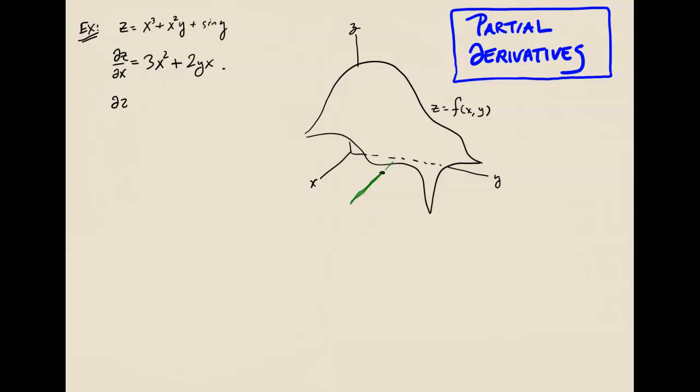If we wanted, for example, the partial of z with respect to y, we would do the same thing, except now, since we are letting the y value vary while x is held constant, we would think of all of these x's as being constant, and y is the only piece that's varying. So what would the partial of z with respect to y be? Well, the derivative of this first term with respect to y would be 0. What about the derivative of this second term with respect to y?